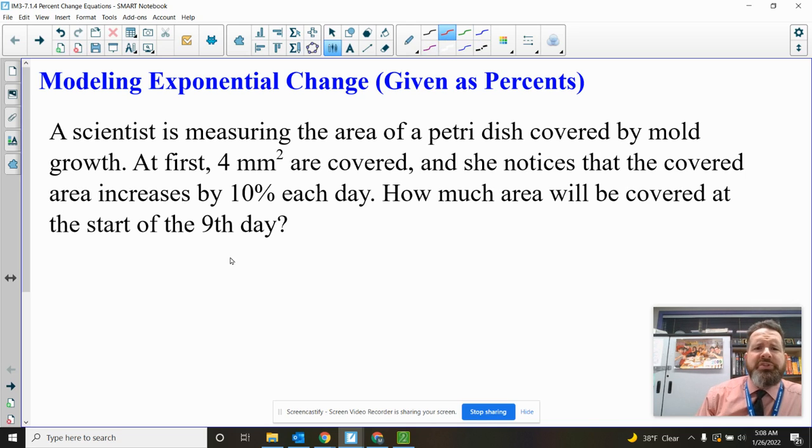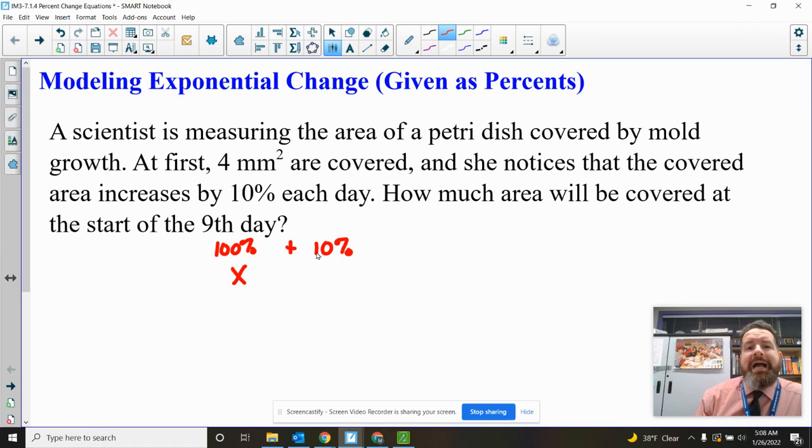However much mold you start with, I don't know how much it is right now, I'm going to call it X. We're going to take everything we have and add on 10% more. So this X represents 100% of the mold that we have. We want to add on another 10% of that amount. From your previous discussions, I hope you remember that the word of in math means to multiply.